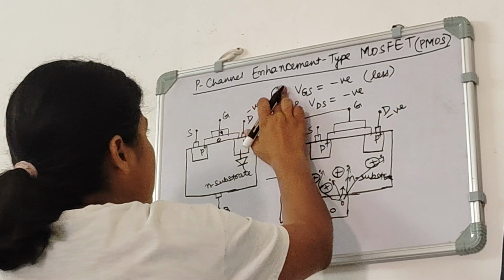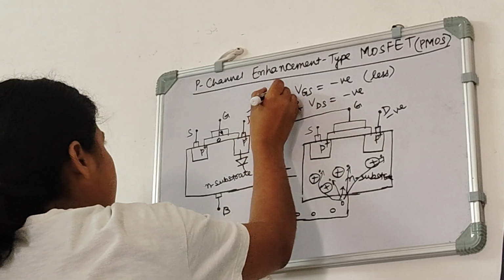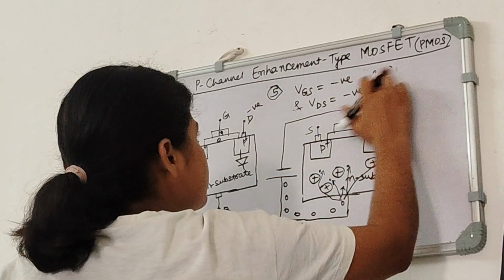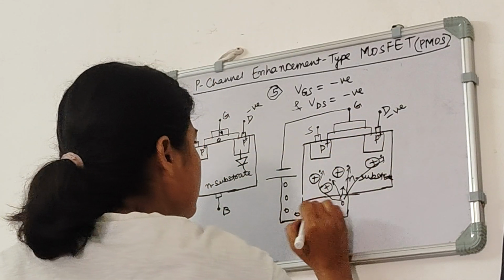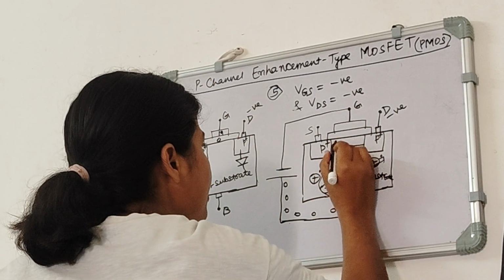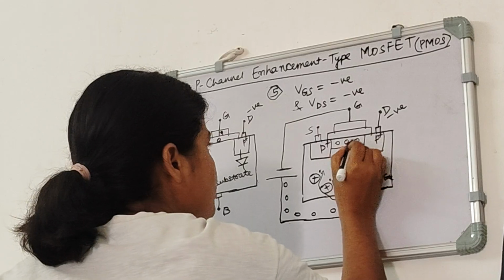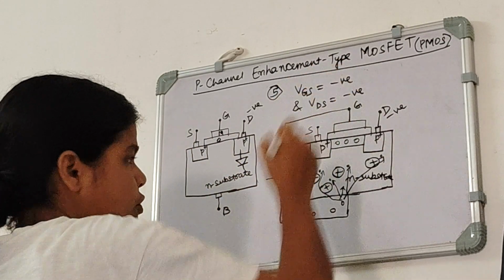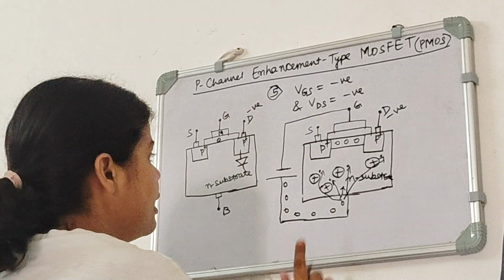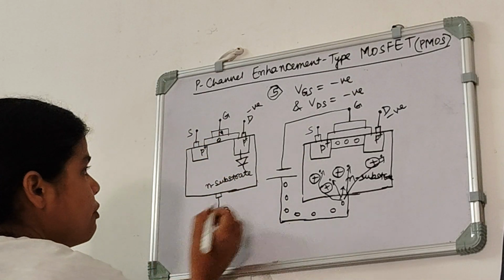So now it is condition 5 and it is not less. Our holes will form the channel here. So when our VGS is negative but it is not less in magnitude, it will form the channel.